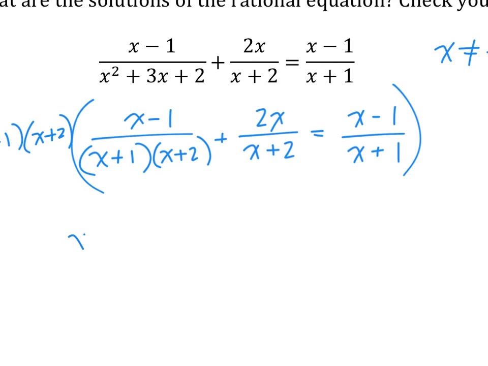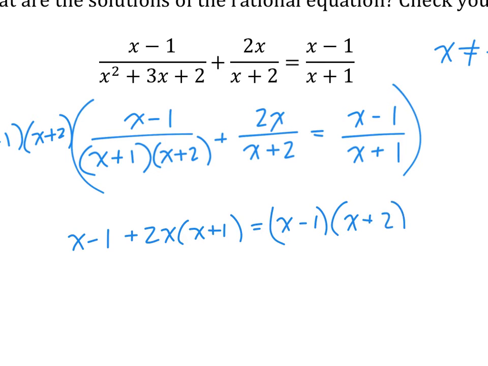Okay, so we get x minus 1 plus 2x times x plus 1 equals x minus 1 times x plus 2. x minus 1 plus 2x squared plus 2x equals x squared plus x minus 2.